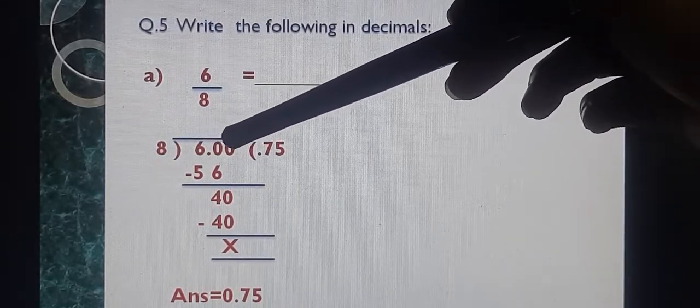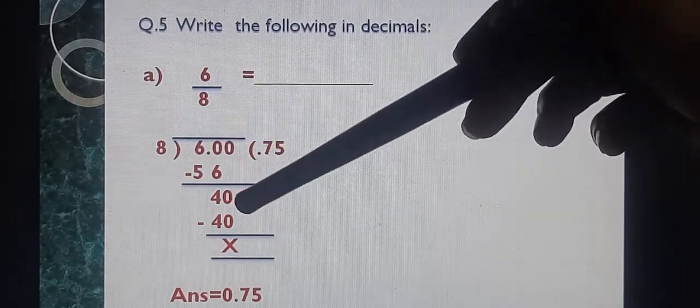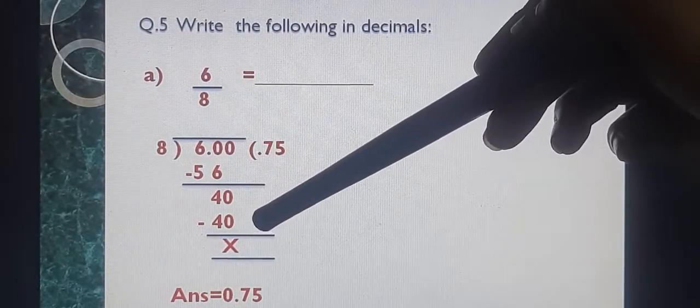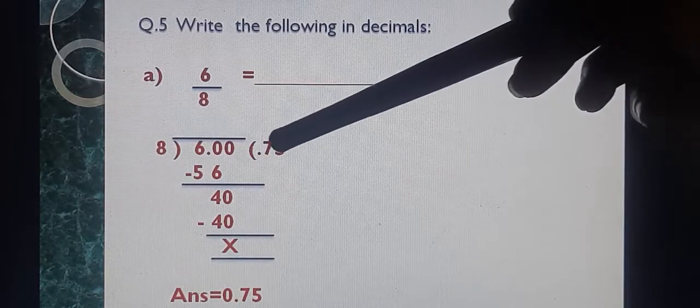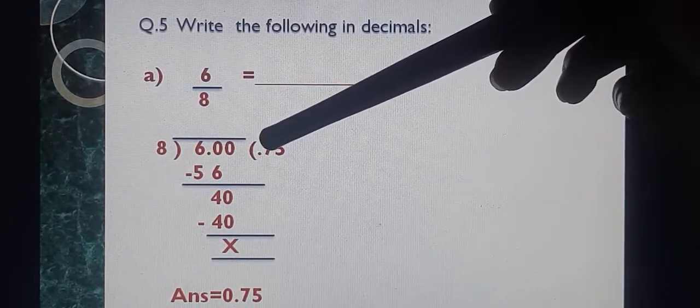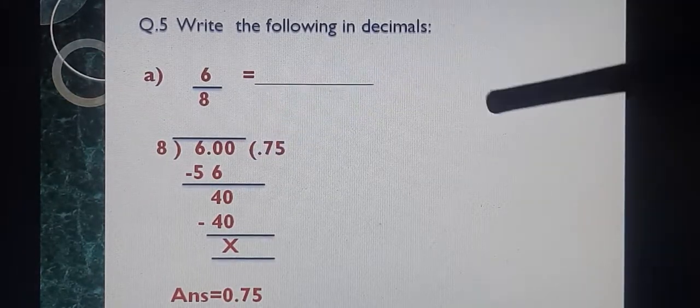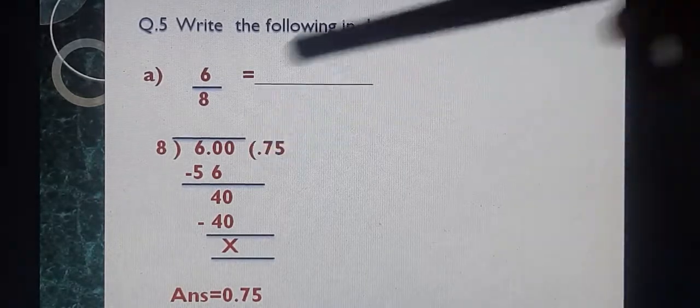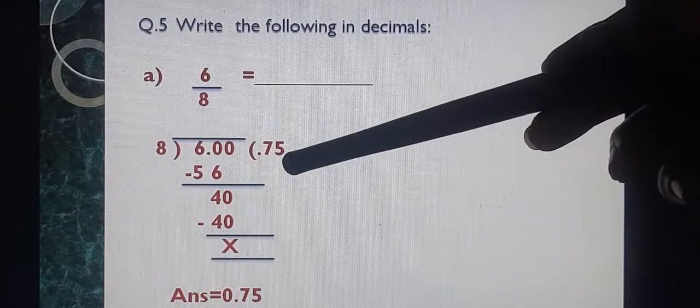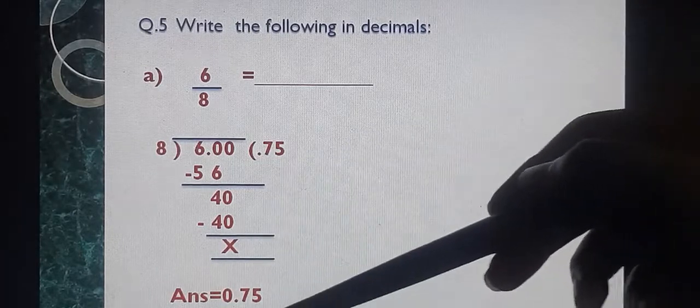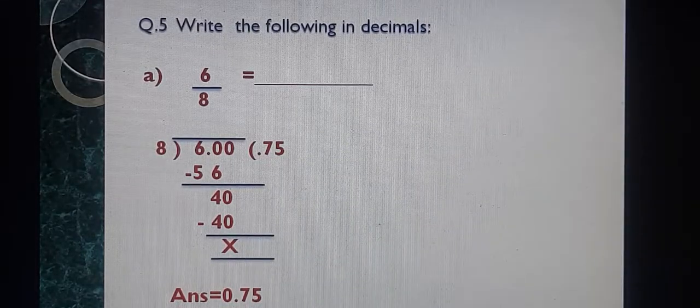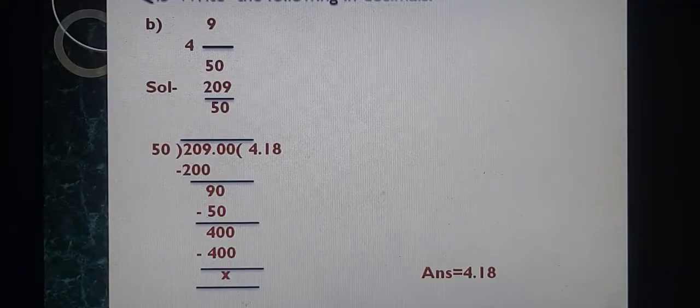We have to count these zeros now, because this 0 has completed our division. Right? So 1, 2. So count from ones place: ones, tens, and put decimal. So our answer has become decimal 75, or we can say 0.75.